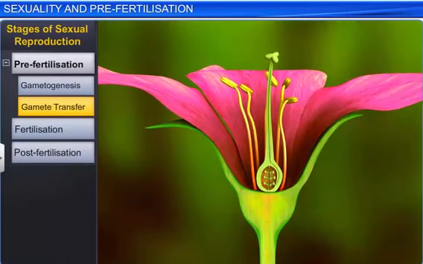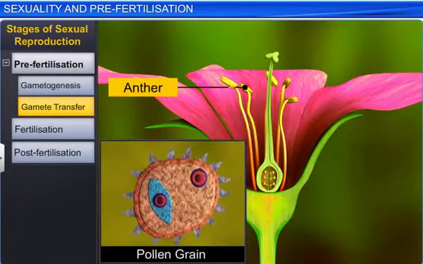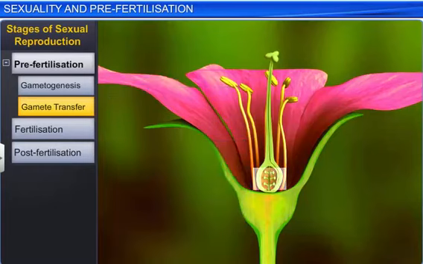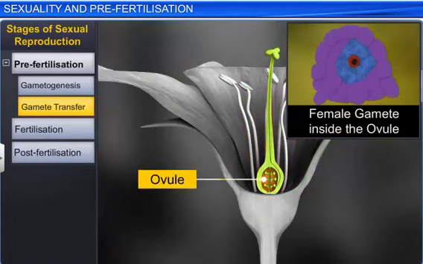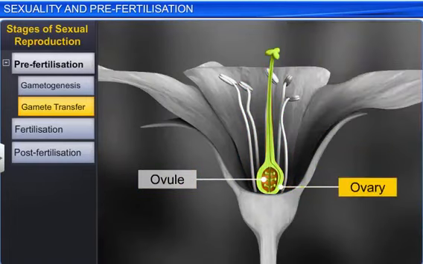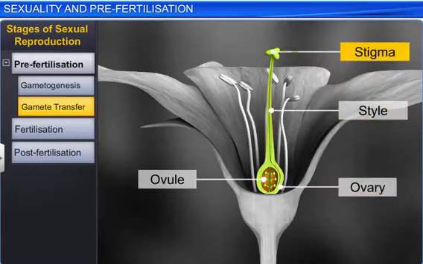In these plants, the anther contains pollen grains which contain the male gametes. The female gamete, on the other hand, lies inside the ovule, a part of the ovary, which together with the style and stigma comprises the pistil.